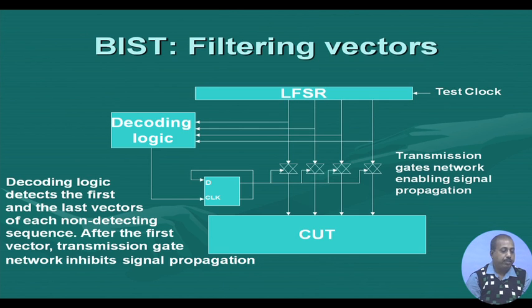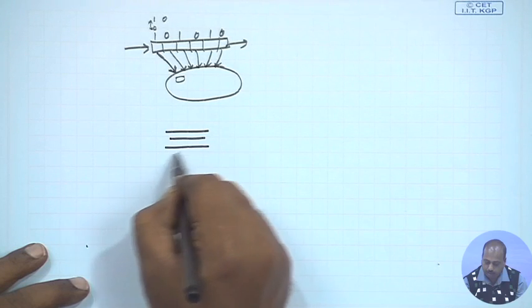So, vector filtering is like this. This test clock is applied to the LFSR. So, LFSR is continually generating the pattern. Now, this decoding logic will detect the first and the last vectors of each non-detecting sequence. Suppose this LFSR is generating this sequence of patterns.